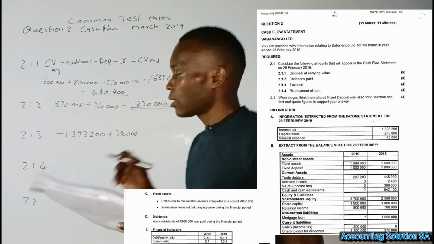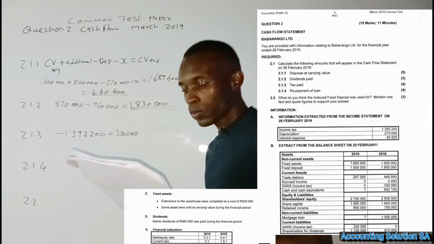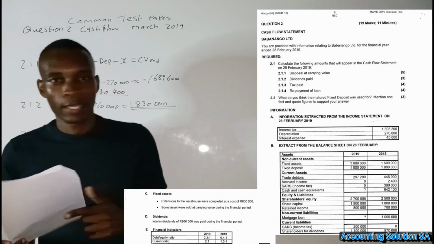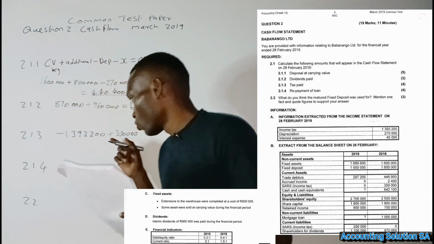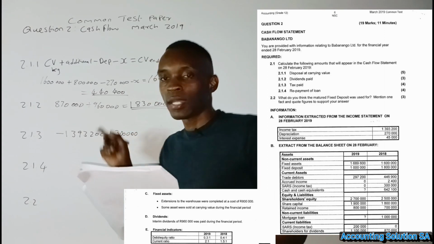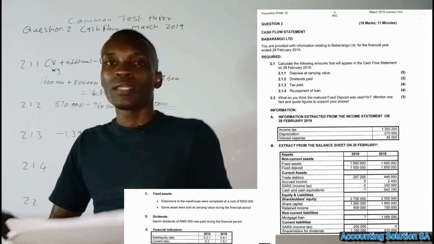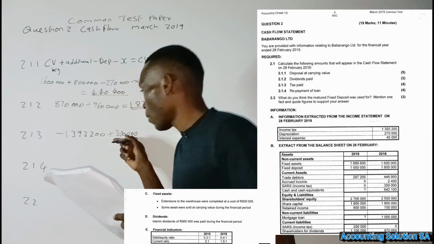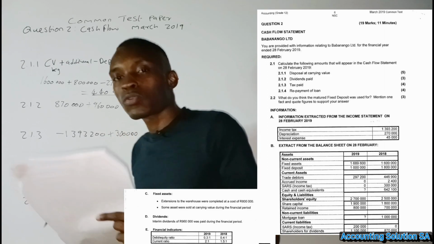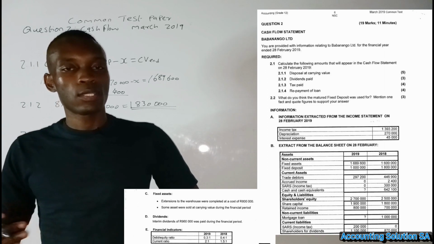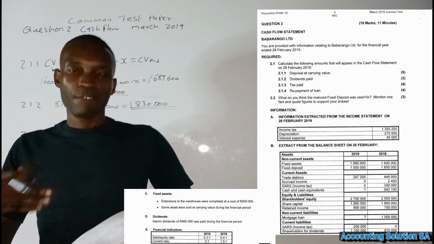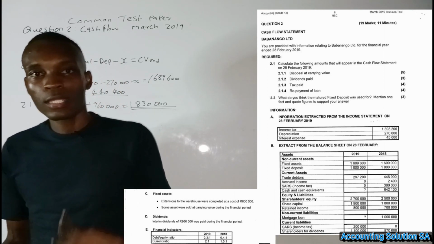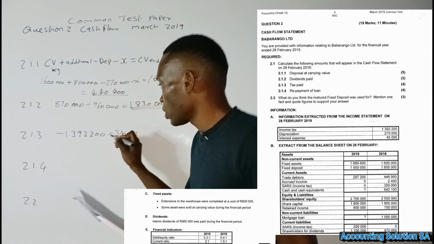This is an inflow because, remember, in the previous year, SARS owed us this amount of 300,000, which means that now in 2019, obviously, SARS or the government already paid us back an amount of 300,000, because it was refundable to us. It was an asset. If it's an asset, it's refundable to us. They have to pay us back because we paid more last year, which means that this year they already make a payment. That's why it's an inflow.